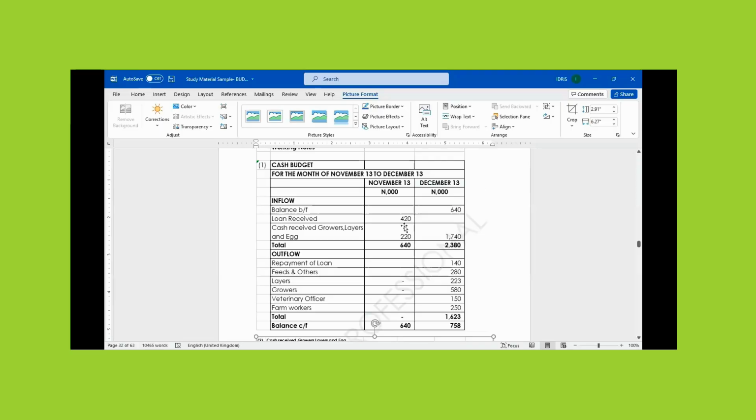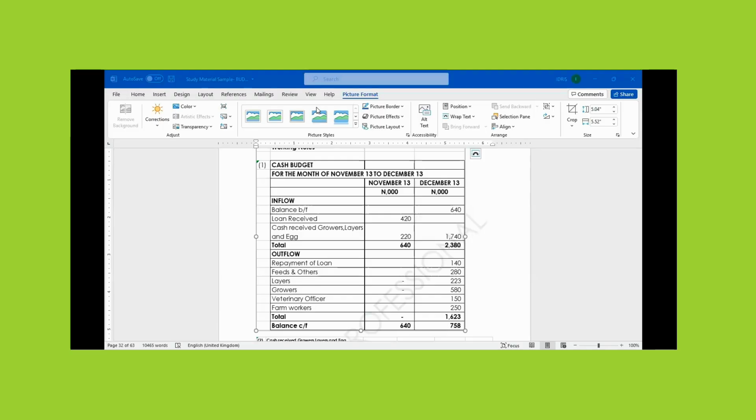What I talked about is how we get the 420 and also the 220. 420 plus 220 will give me 640.